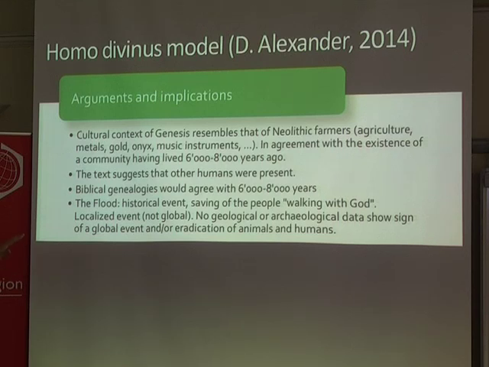The biblical genealogy, I don't want to say a lot about that, but we agree with that time frame. In that model, the flood, again, is probably a historical event, but a very local event. And there's absolutely no trace of a global flood, not in the genetic record, not in the archaeological record.